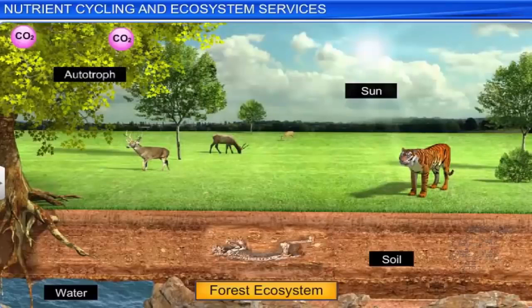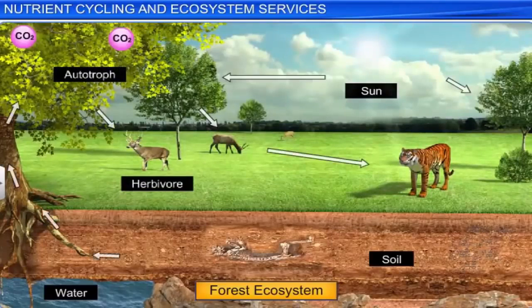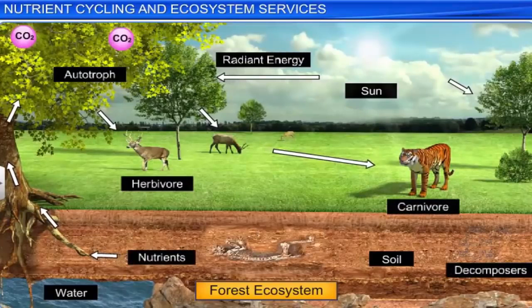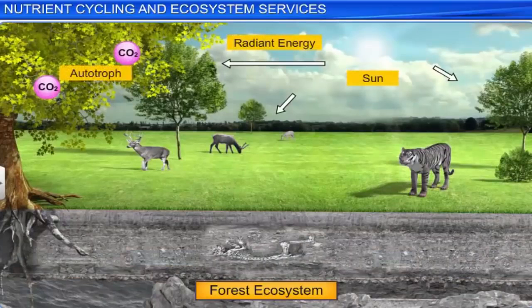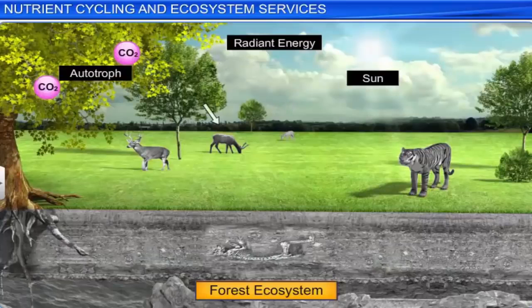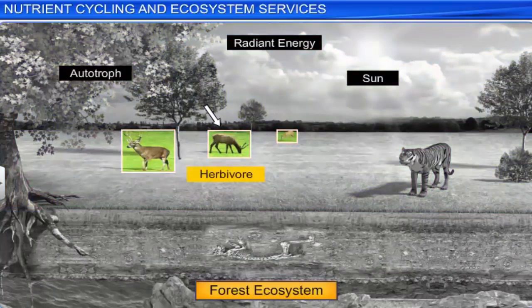Any organic material present on this earth is used and reused again and again. For example, in a forest ecosystem, plants produce organic material or nutrients using the sun's energy, which is passed on to herbivores when they consume plants.